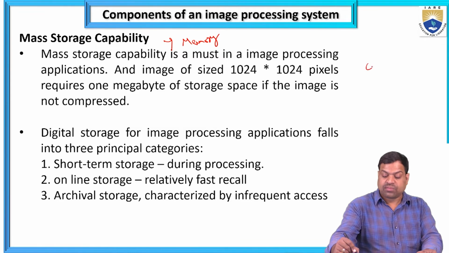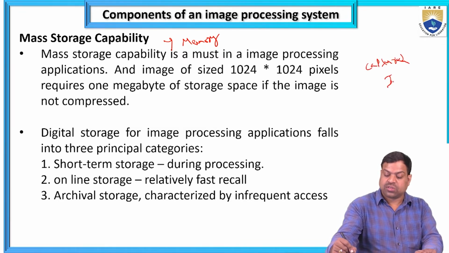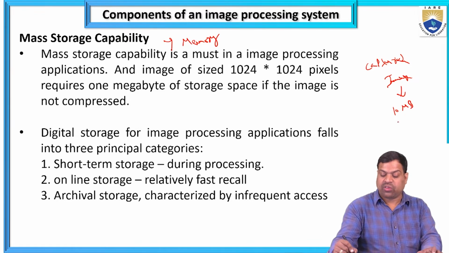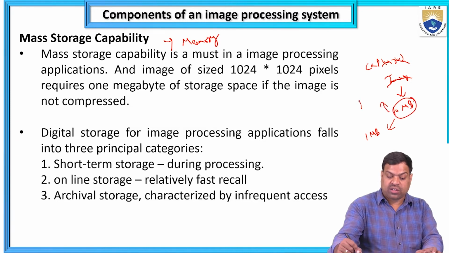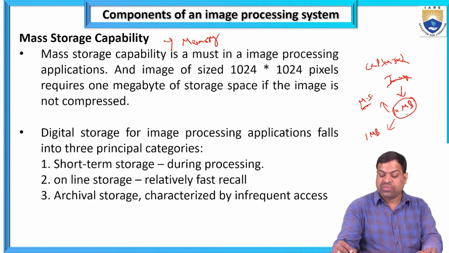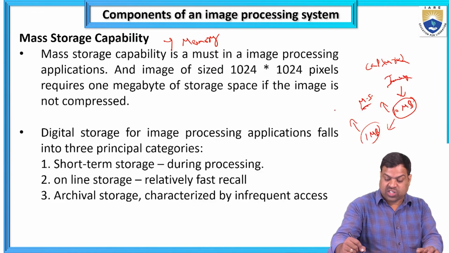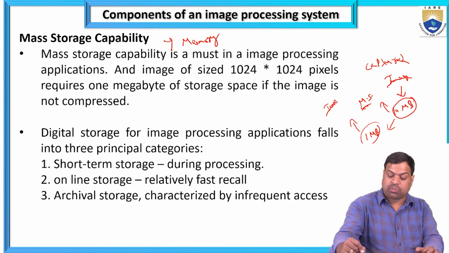Suppose the captured image is 10 MB. It is one example. I want to convert it to 1 MB. So the 10 MB is stored in mass storage, and this 10 MB is converted to 1 MB. How is it converted? With the help of image compression.